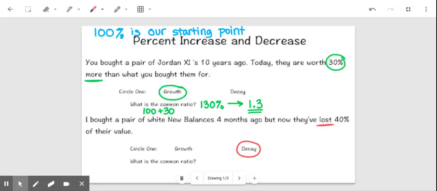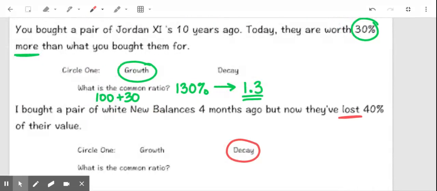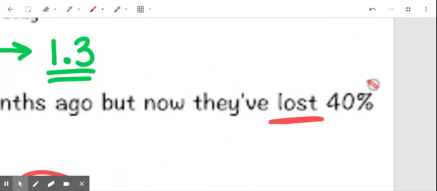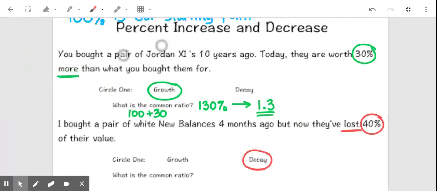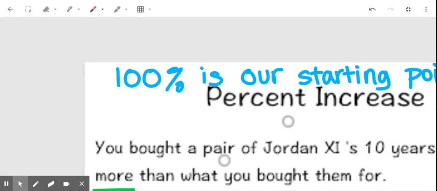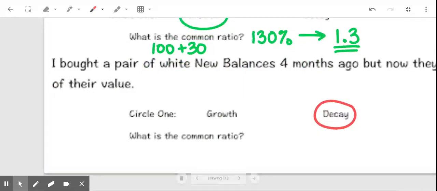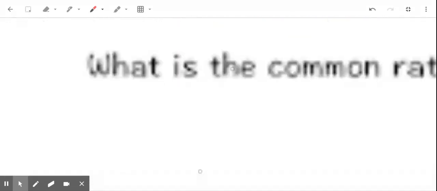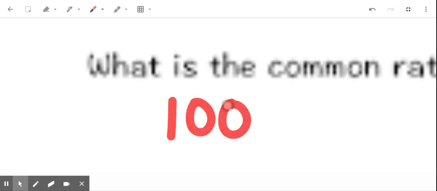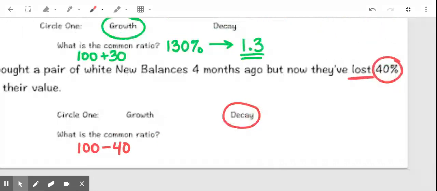Now, just like before, if you said, okay, well, 40% must be the common ratio, you're right in that you're going to get smaller and smaller numbers, but we can't say that it's 40% as our common ratio. Where is our starting point? 100% is our starting point. So just like up there, where we did 100 plus 30 because we were growing by 30, down here, we have to do 100 minus 40 because we are decaying by 40%.